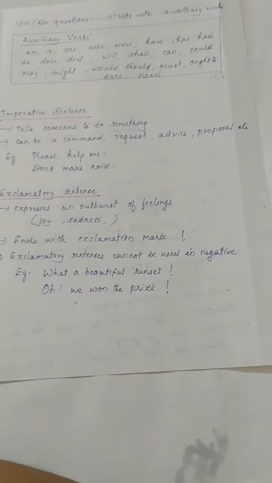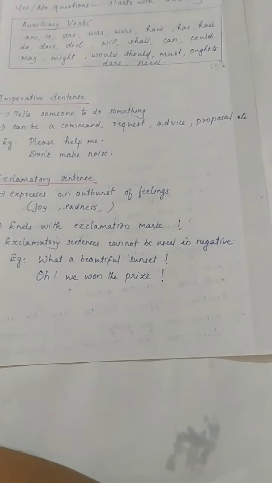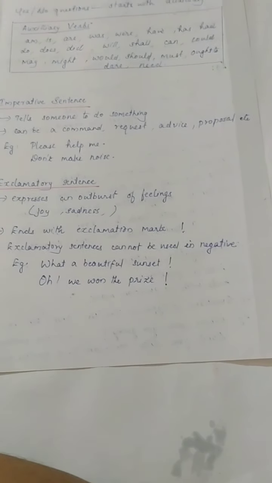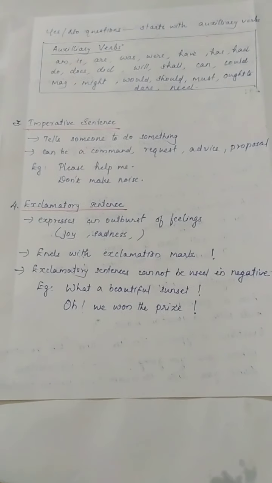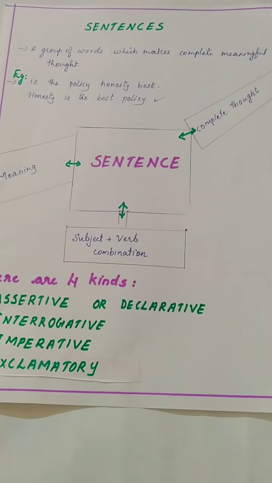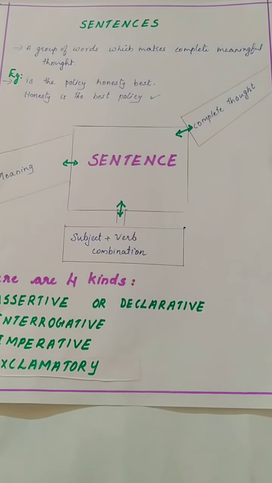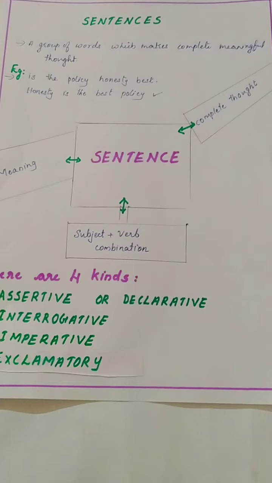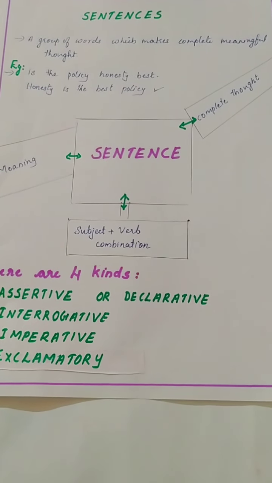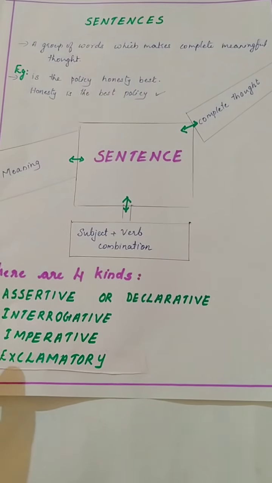So, in this lesson, we have learned all types of sentences, what a sentence is, and the two parts of a sentence. So, one small review. In this lesson we have learned about sentences, and a sentence is a group of words. Not only a group of words, it should have a complete thought.